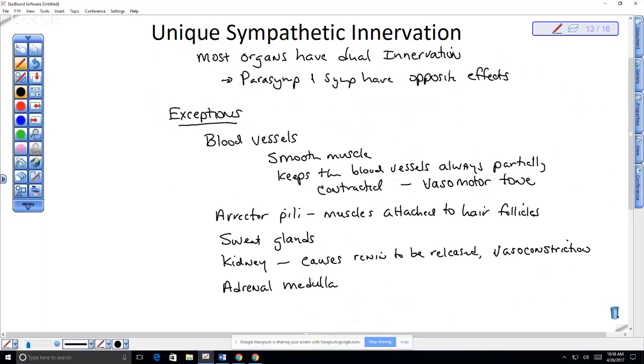And the adrenal medulla contains nervous tissue that releases norepinephrine and epinephrine.